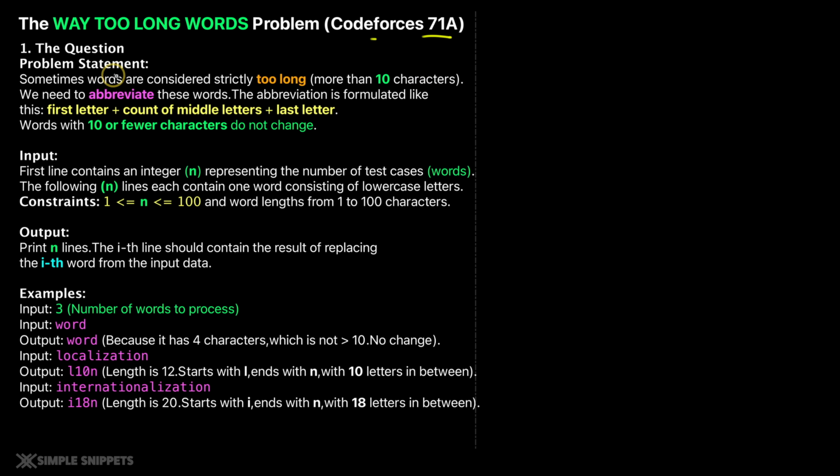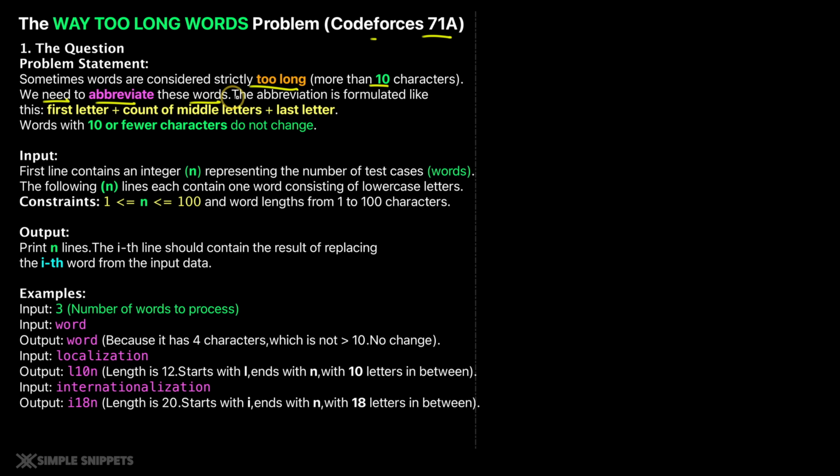Alright, so quickly let's go through the problem statement, because this is where many of the beginners struggle to understand the question itself. Sometimes words are considered strictly too long, more than 10 characters in our specific use case. So whenever that happens, we need to abbreviate these words. What is abbreviation? Basically, you have to shorten these words.